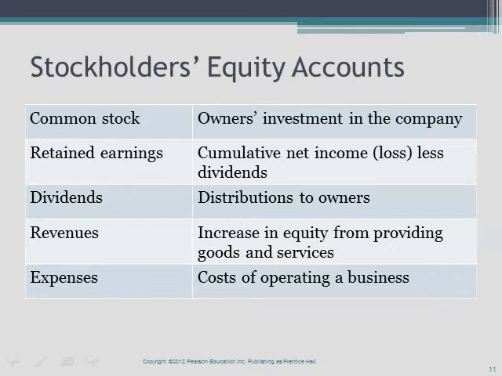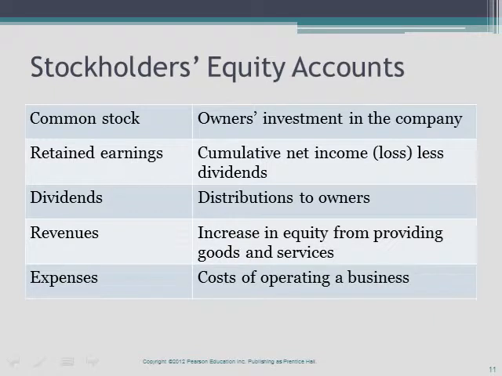A business that loans money to an outsider needs an interest revenue account to record the revenue that they receive as a result of the borrower paying the company interest. If the company rents a building to a tenant, the business needs a rent revenue account. So you can see that we can set up as many revenue accounts as we need in order to, again, reflect what the essence of the underlying activity is.